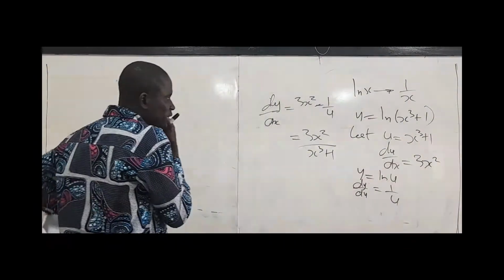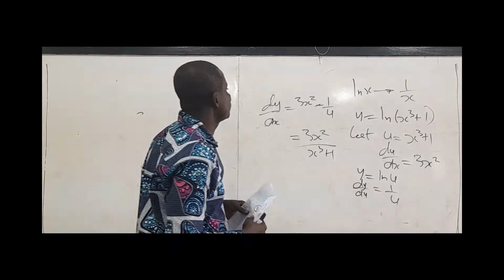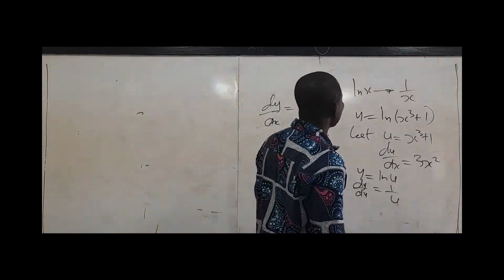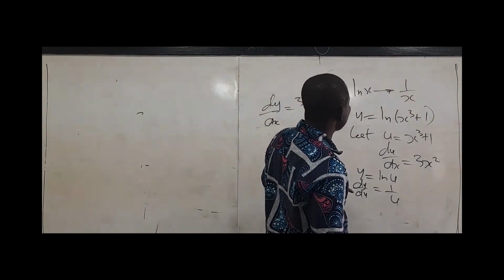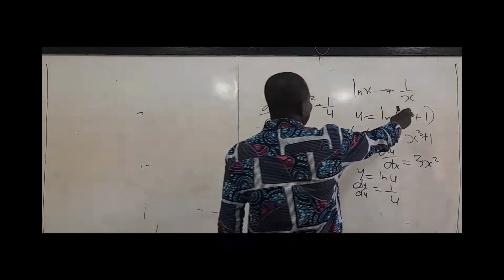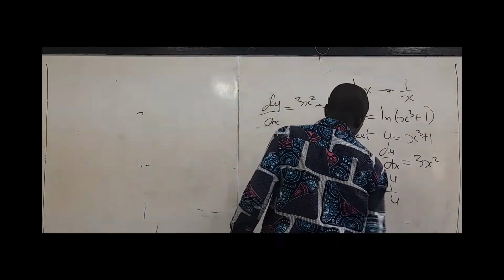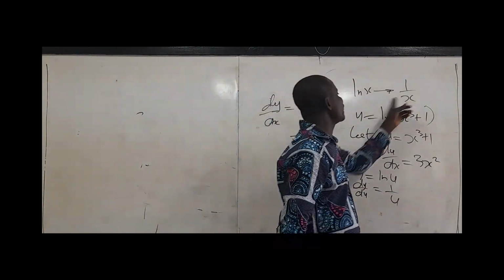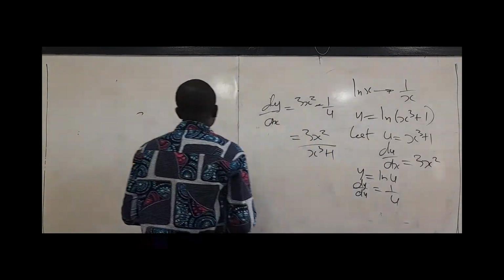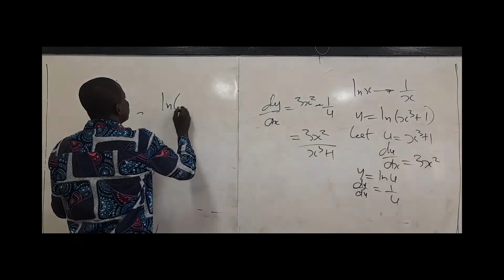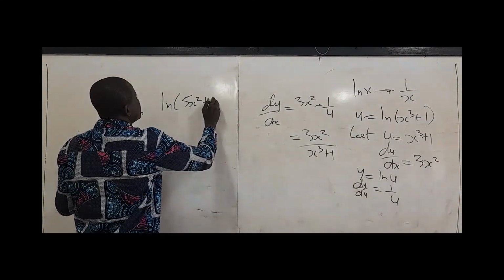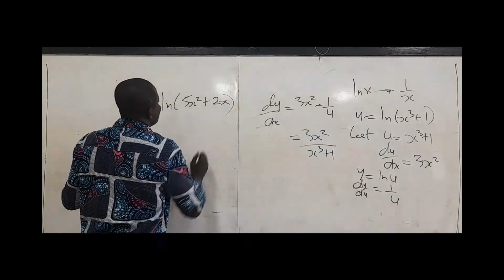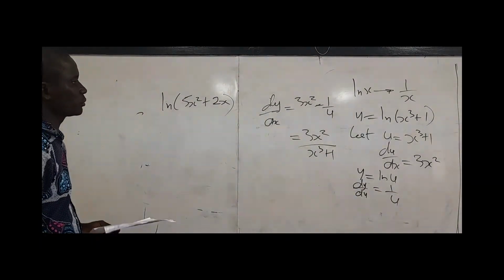So what is your observation here? You could see that in differentiating this ln, what happens? We differentiated this one over the original. This one was differentiated, divided by the original. So let me say that if I have, let's say, ln(5x squared plus 2x), what do you think will be the result?